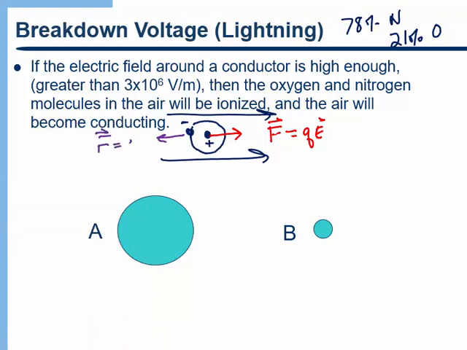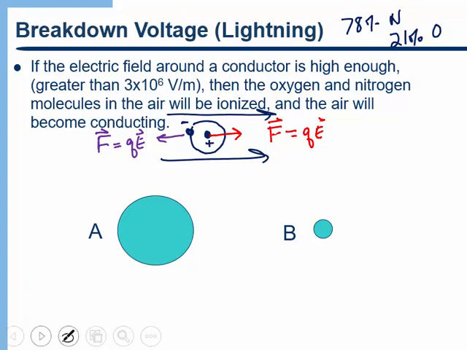And therefore, if you put an atom or a molecule in a strong electric field, if it's strong enough, you'll start pulling outer electrons out of the atom or molecule. And that's how air can become conducting.